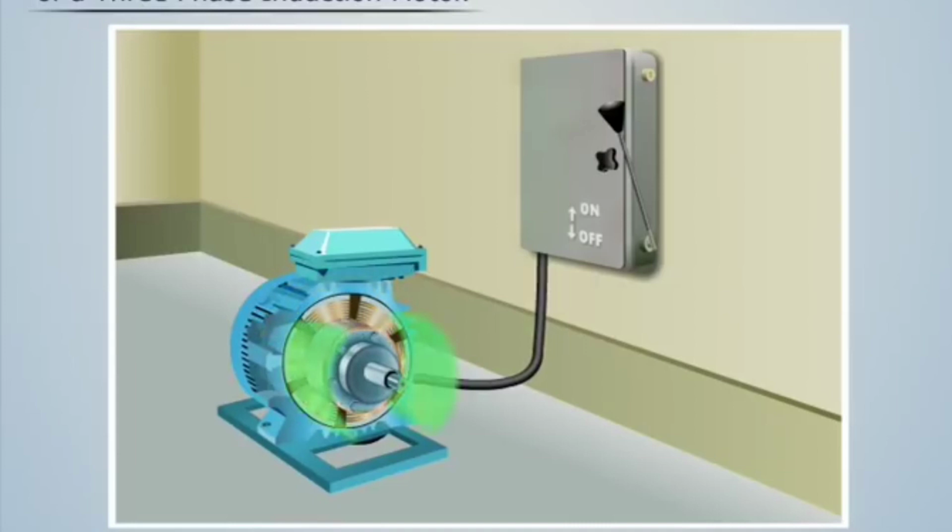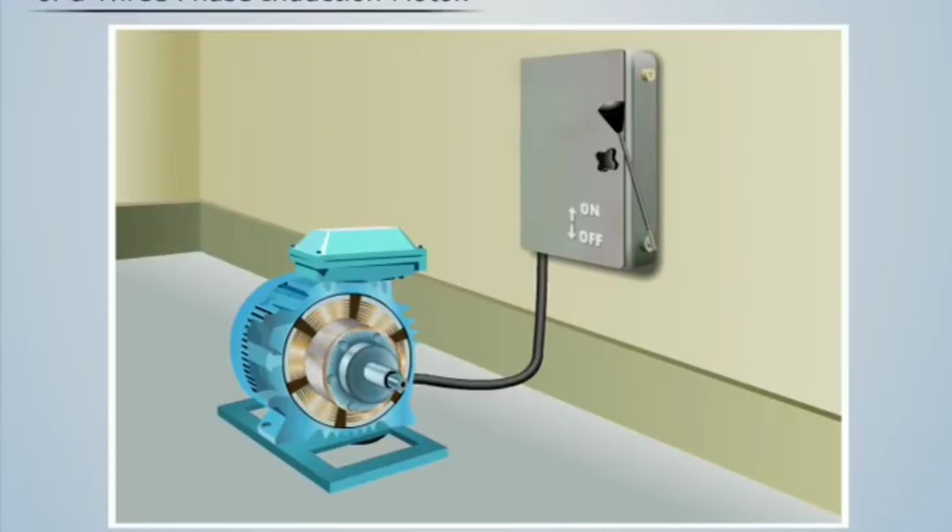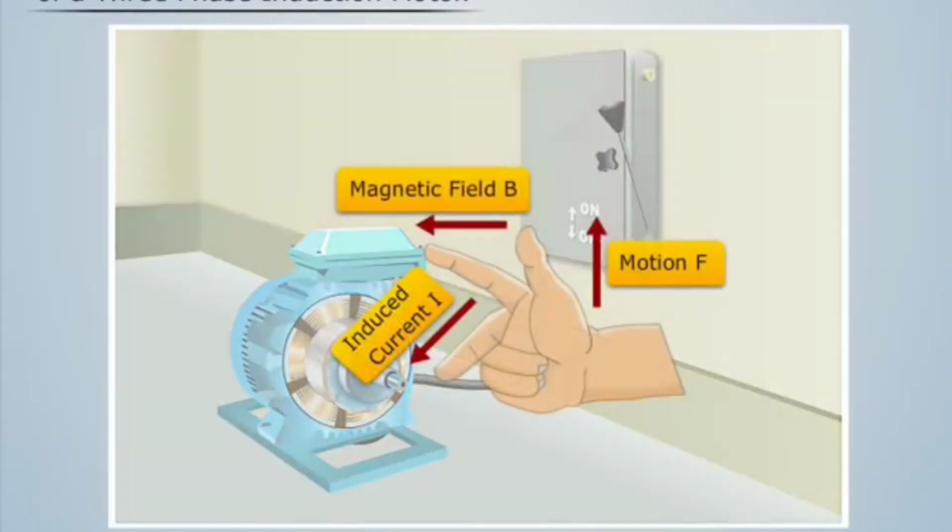Since the magnetic flux linked with the rotor keeps on changing, a current starts flowing in the rotor winding. As per Faraday's law of electromagnetic induction, the direction of this current is given by Fleming's right-hand rule.